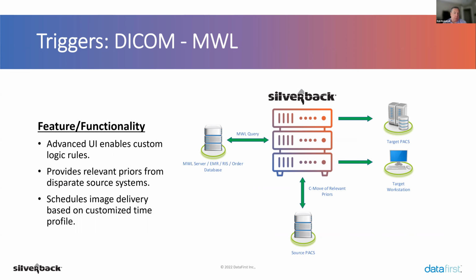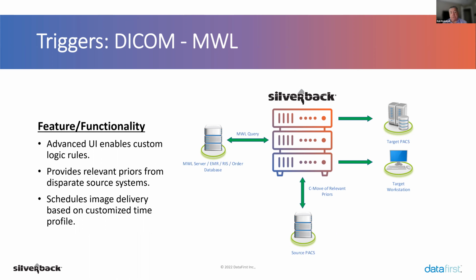We can take the content of that modality worklist query result and carve out the information that we need in order to then interrogate the source PACS system for relevant priors, and then move those relevant priors along based on the results of that query.